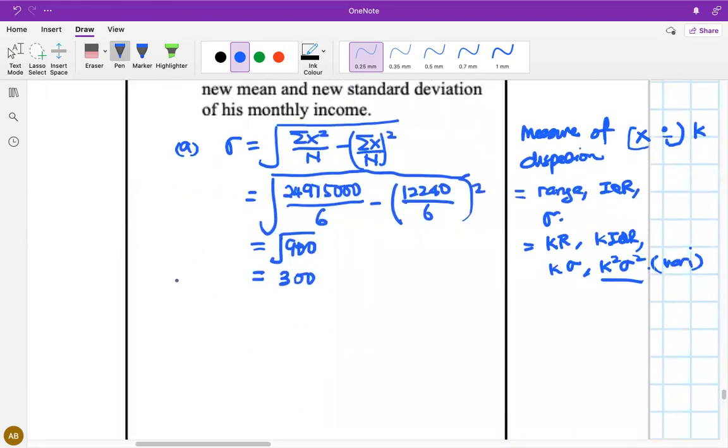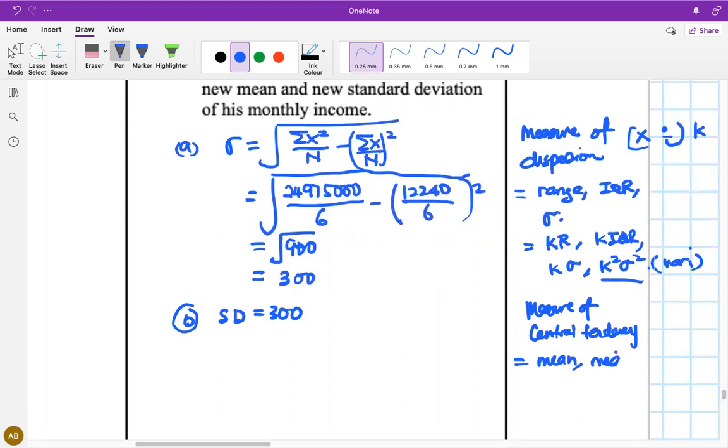So that means our new standard deviation is still 300, but our mean will be affected. The mean is a measure of central tendency. So it's mean, median, and mode.